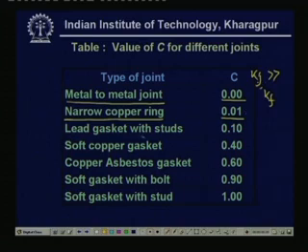For a lead gasket with stars, we have 0.10. For a soft copper gasket, it is 0.40. For a copper asbestos gasket, it is about 0.60. For a soft gasket with bolt, it is 0.90, and for a soft gasket with stud, it is 1. These are the values used while designing the joints, that is, designing the bolts with pre-stress.